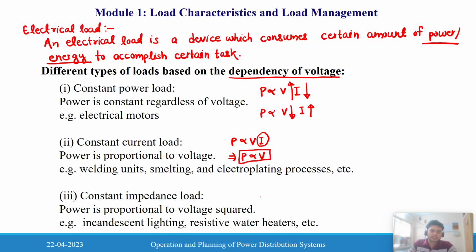And for constant impedance load, we can write power is directly proportional to VI.